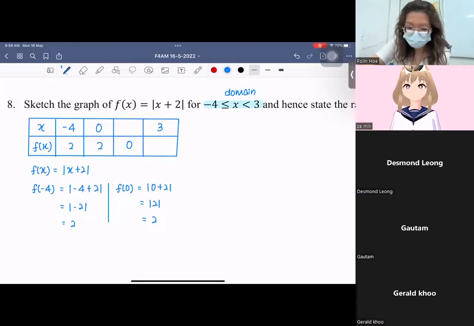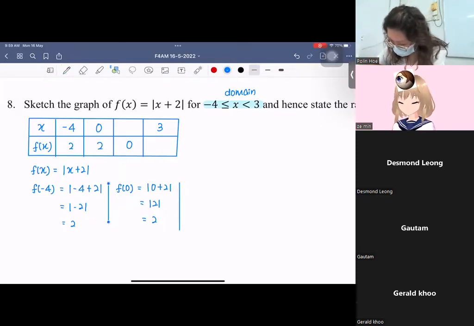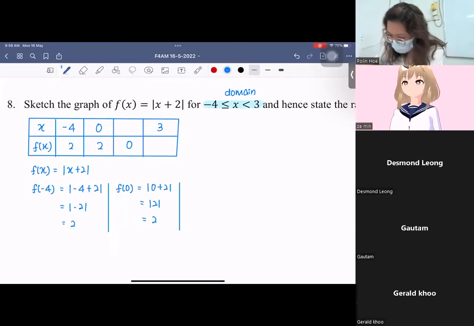Relax, correct. f(3) equals 3 plus 2 equals 5.